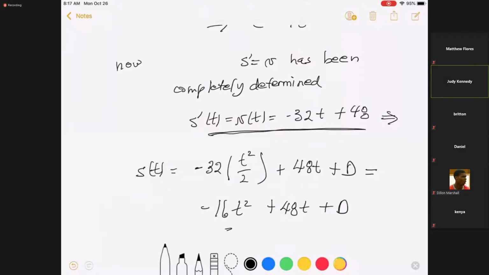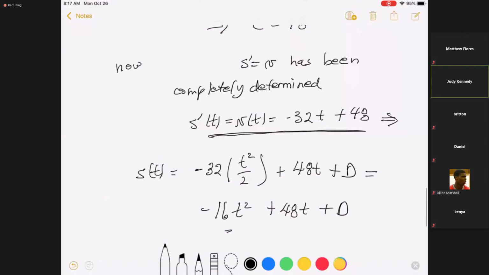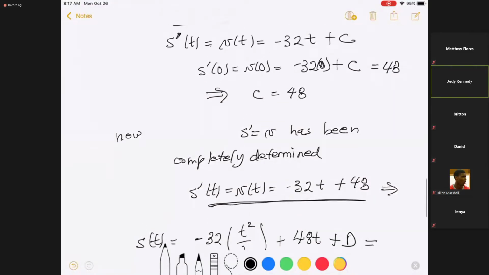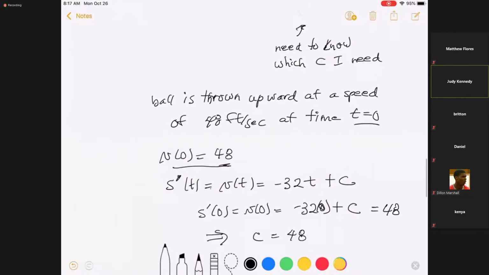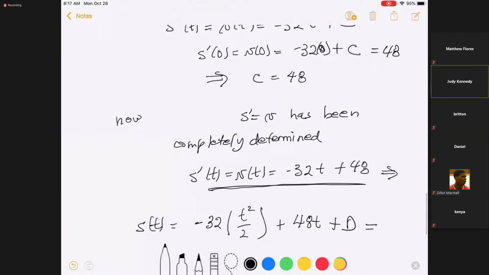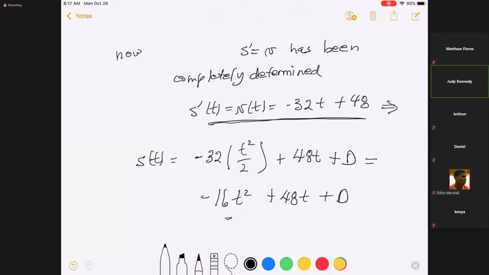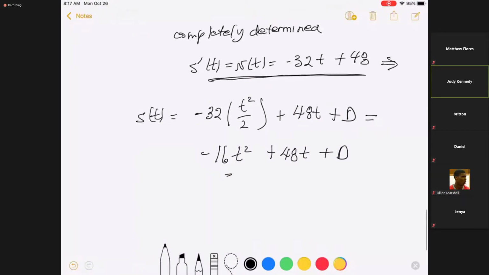That's where it comes from. It comes from your assumption about the gravitational constant being 32, in the English system. In the metric system, it's 9.8 meters per second squared. So it matters whether you're in the metric system or the English system. But okay, so we've got the height function determined, except for this constant, which we need to know.